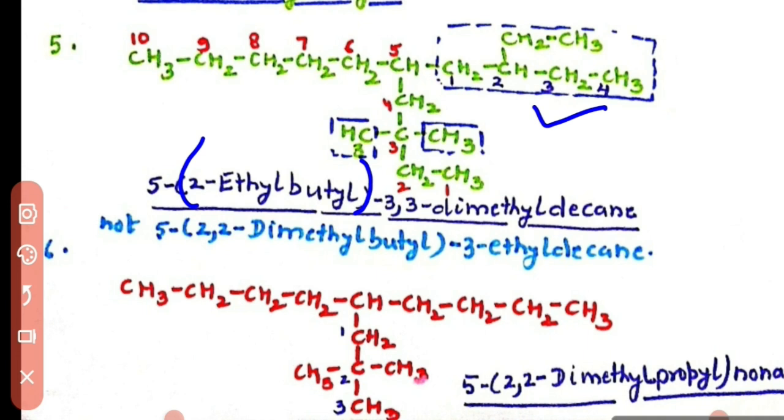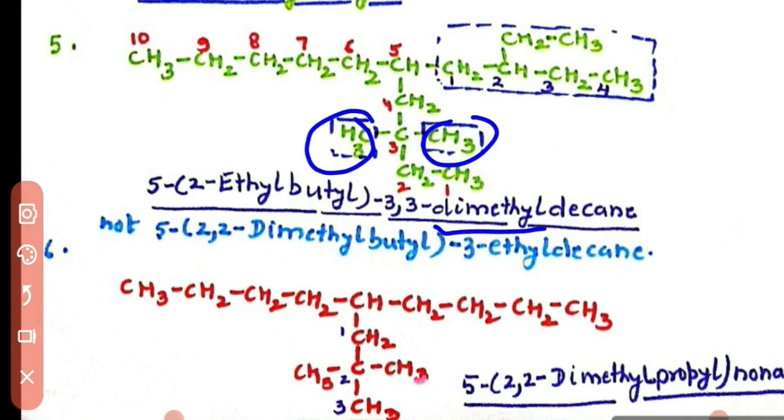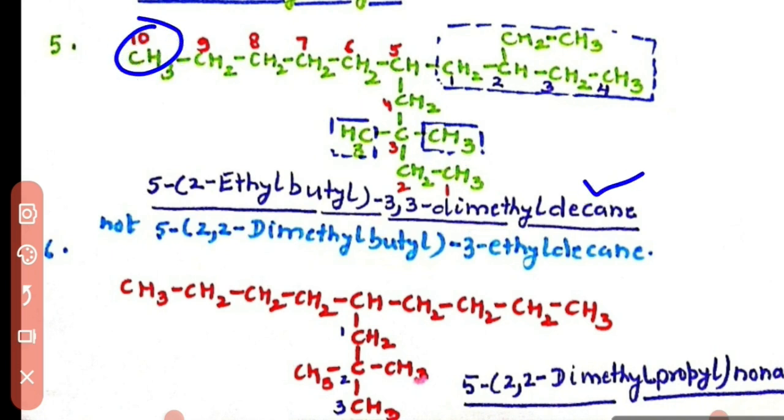You have to select the longest chain including that carbon atom which is directly attached, and the name of the complex branch will be 2-ethyl butyl. And here are 2 methyl groups also, located at the third carbon atom, so the name of the compound will be 5-(2-ethyl butyl)-3,3-dimethyl decane, because the principal chain contains 10 carbon atoms.